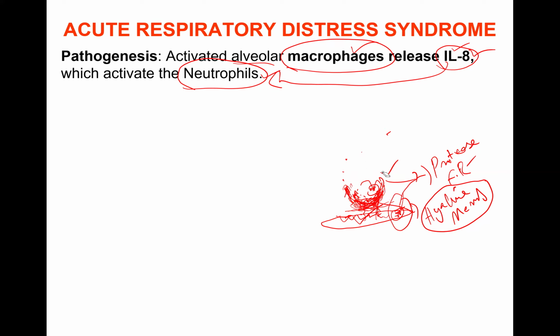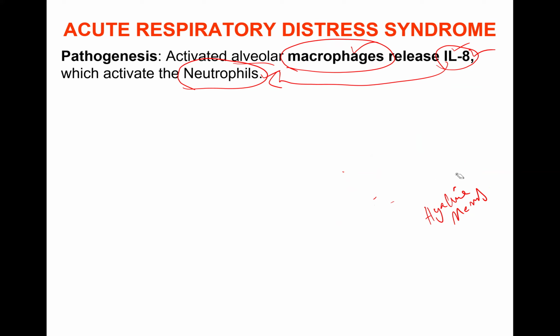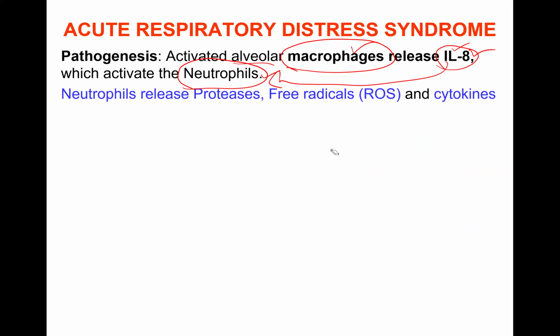So that clarifies very well, whether it is a local lung damage or a response to systemic inflammation from various causes like acute pancreatitis, uremia, multiple fractures, etc. Right? Good. So first neutrophils get activated under the influence of macrophages, and macrophages under the influence of interleukin 8 activate neutrophils.